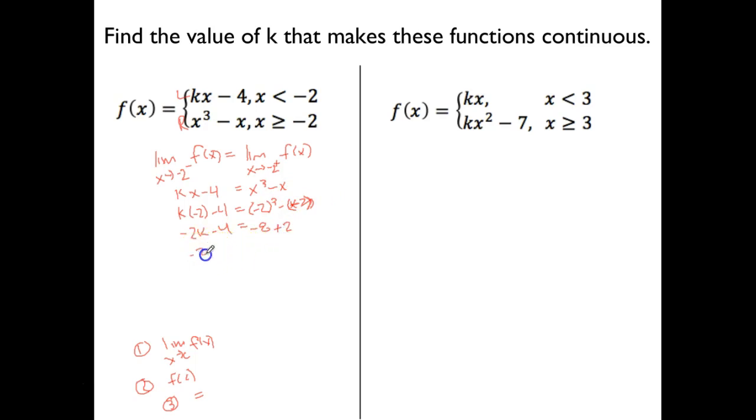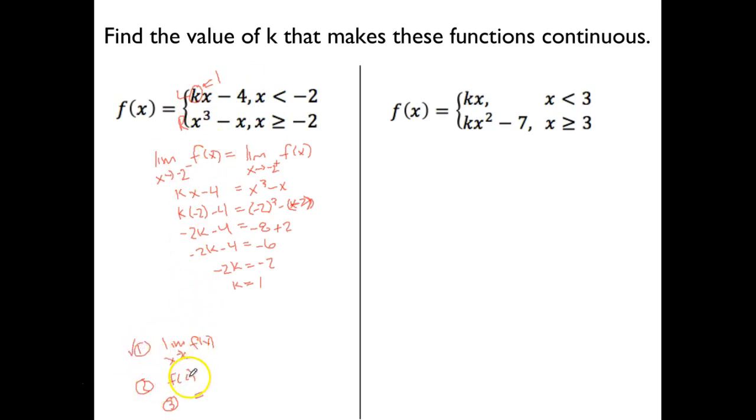So -2k minus 4 equals -8 plus 2, which is going to be -6. And then just solve for that. So -2k equals, moving the 4 over, -2. Divide by -2 on each side, so k is equal to 1. So if you put a 1 value right here, that would make the limit from the left and the right equal each other. So step 1 would be good.